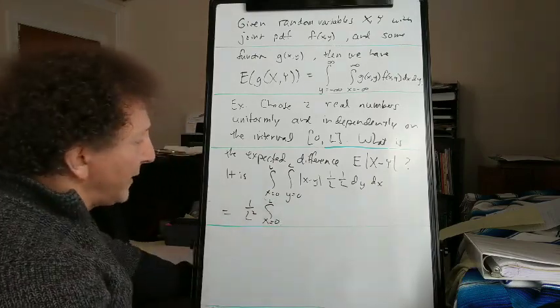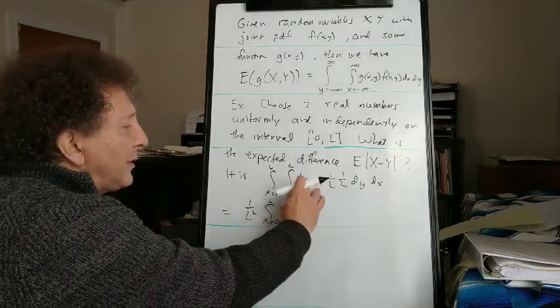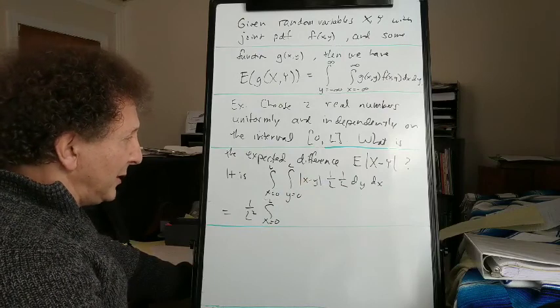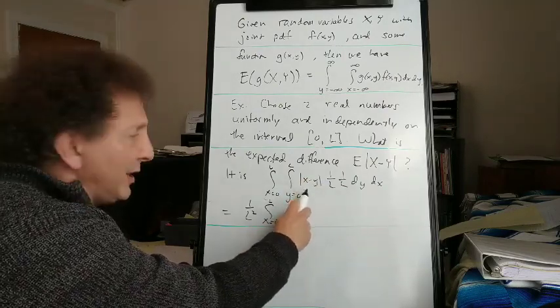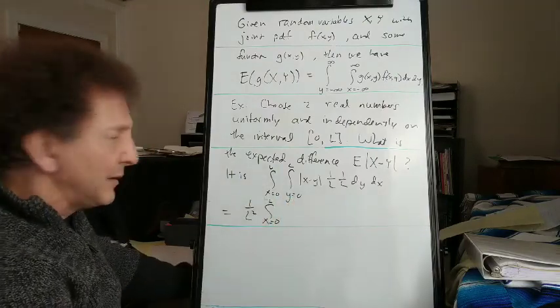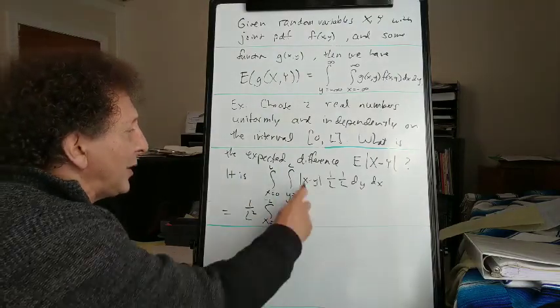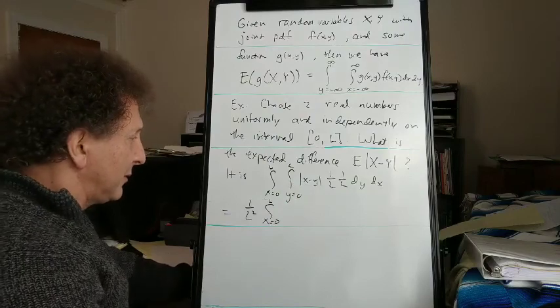Then, to integrate this, we better get rid of the absolute value. So if y is less than x, this is going to be a positive number, and we can just erase the absolute value signs. If y is greater than x, then we want the opposite of this.